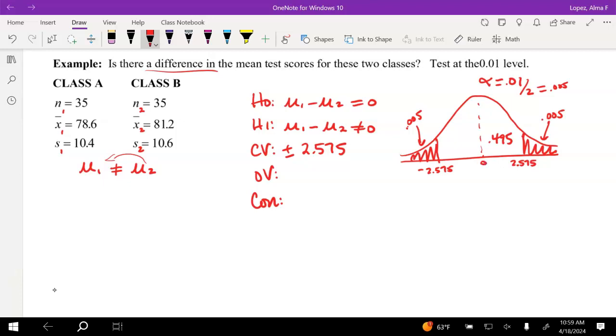And now we'll find our obtained value. The obtained value always comes from the formula, so I'm going to plug in x bar 1 minus x bar 2 minus mu1 minus mu2, which is always 0, over, and again they gave us standard deviations, so I'm going to have to square them myself when I put them into the formula.